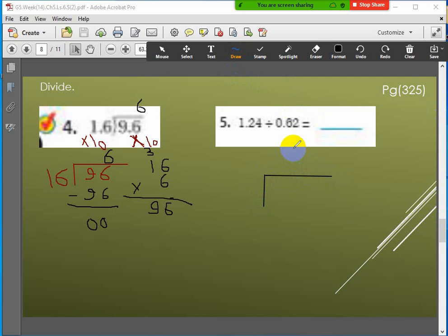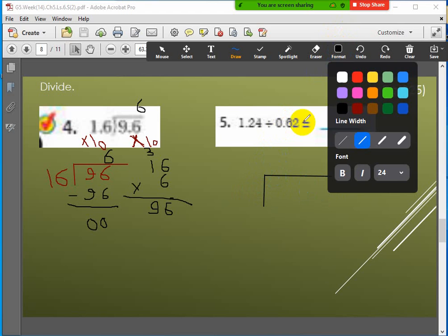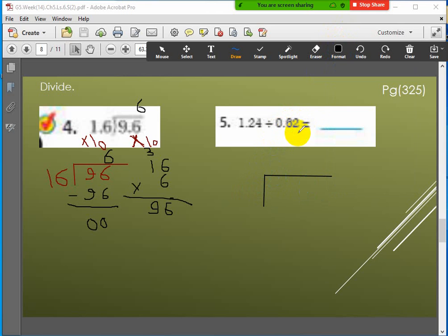Which pattern will I use to multiply by the divisor and make it a whole number? Okay, Ghuzlan, which pattern will I use? I have to multiply it by the powers of 10, so it will be the second power of 10.